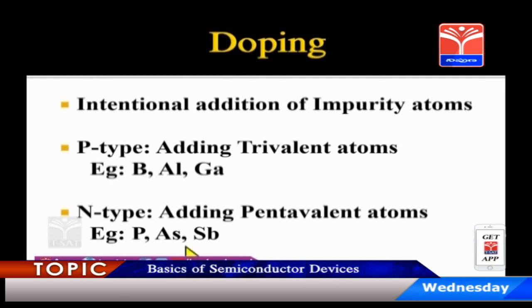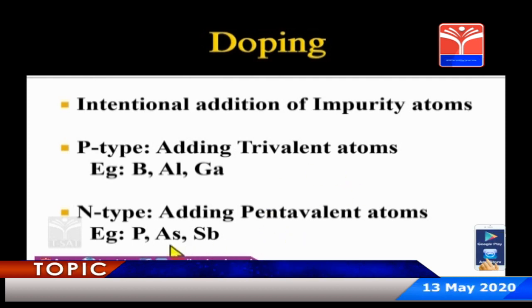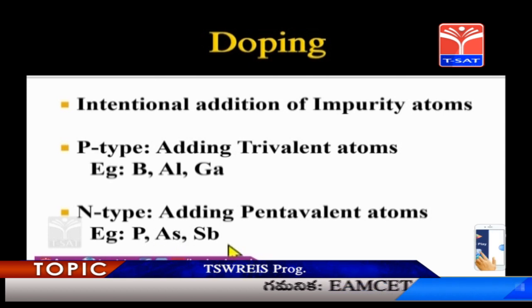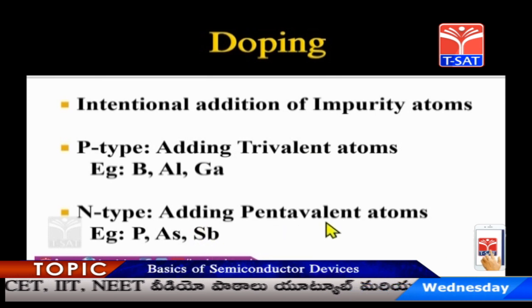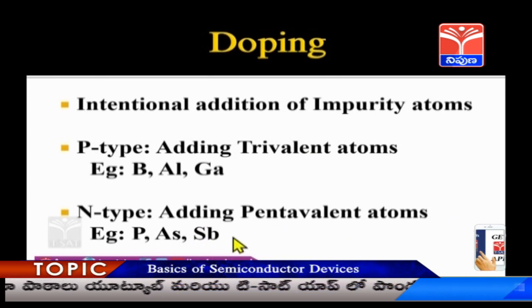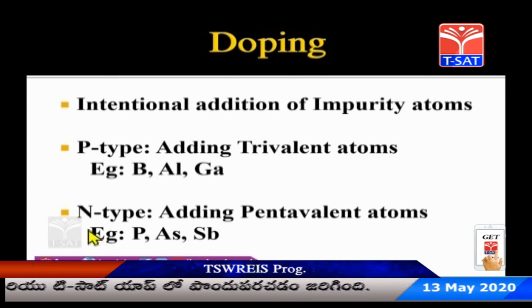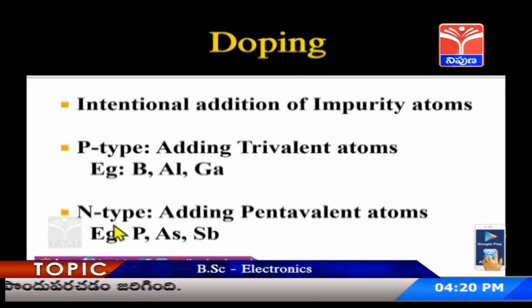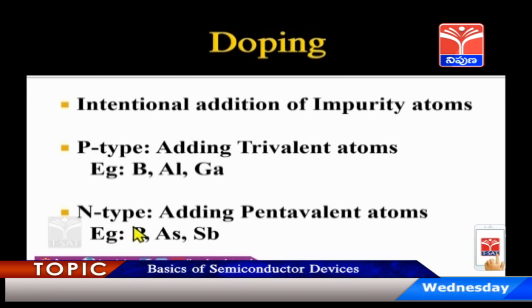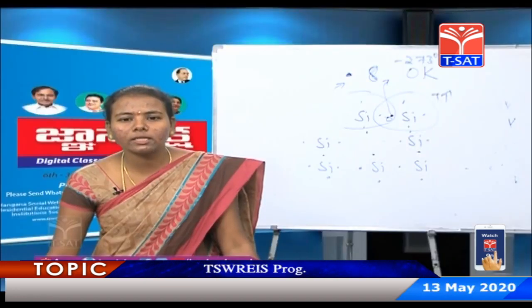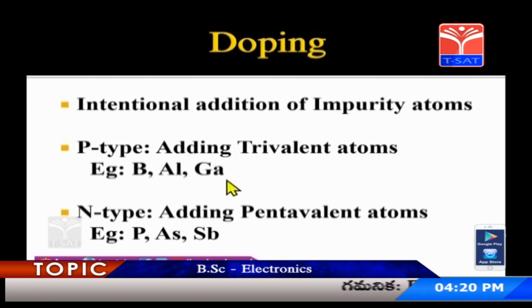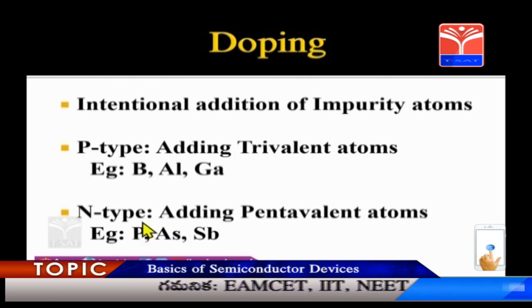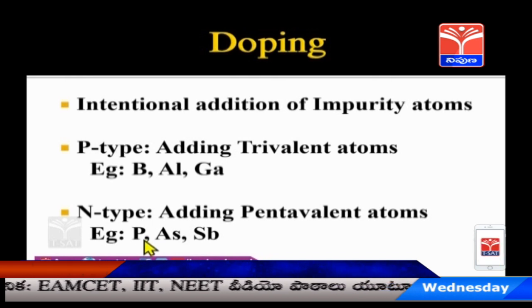You can also add 5 valency atoms, phosphorus, arsenic and antimony, which are pentavalent. Adding these gives an n-type semiconductor. So in p-type you add trivalent atoms, and in n-type you add pentavalent atoms.